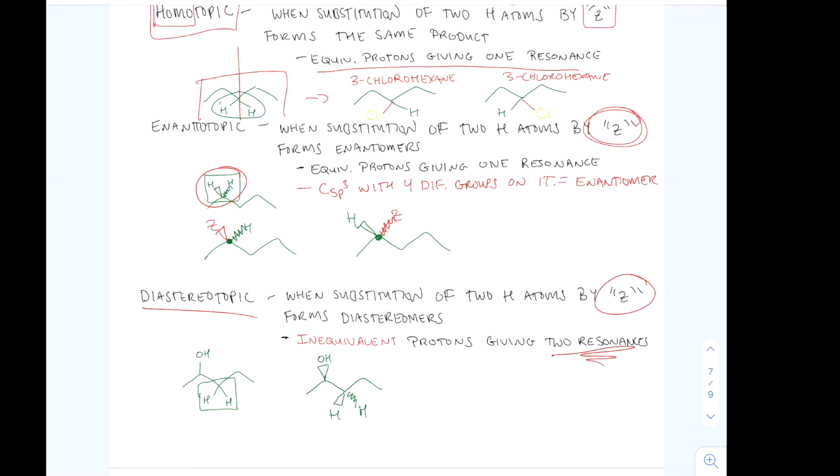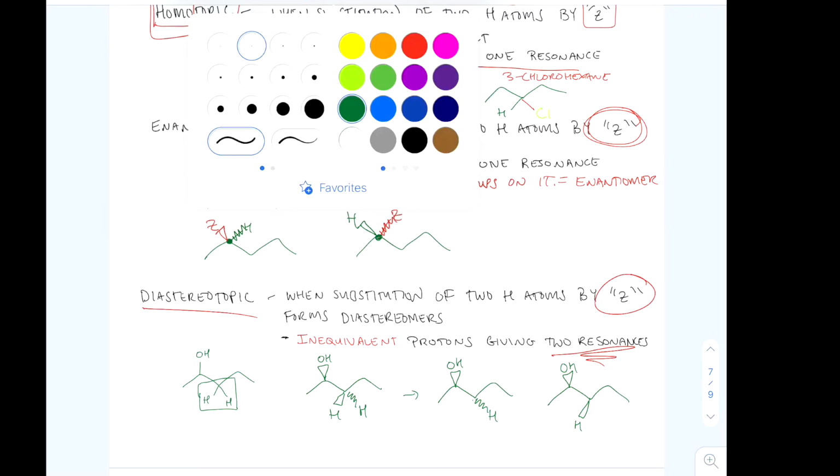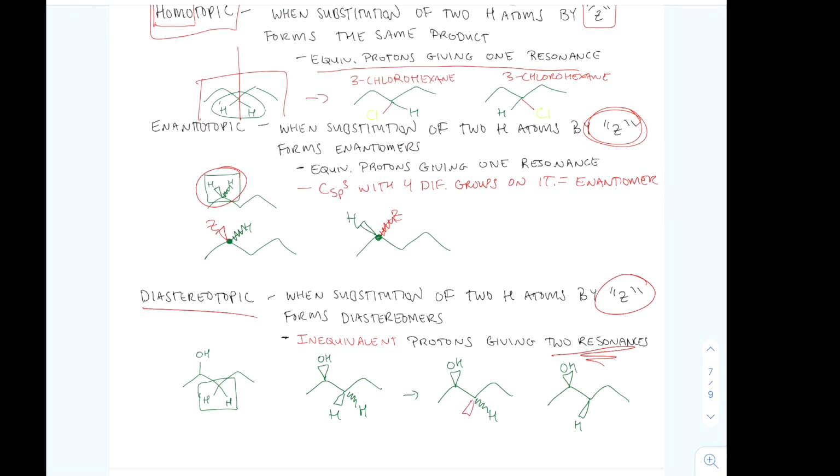Okay, so if we had this particular compound, then we kind of separated it into these 2. Now let's draw in our Z, because we're substituting for Z.